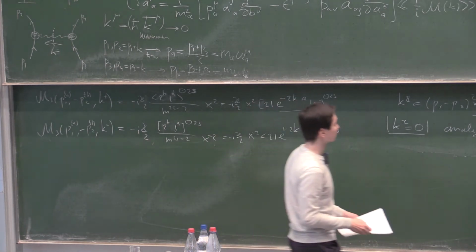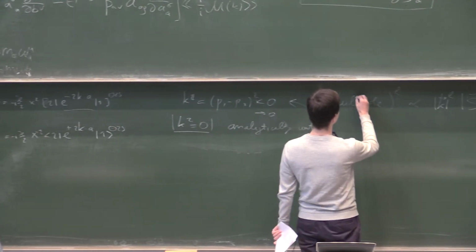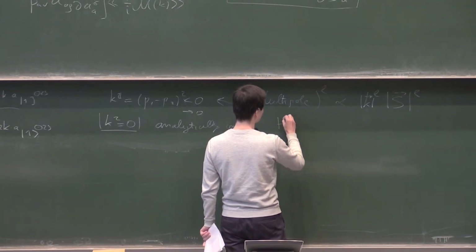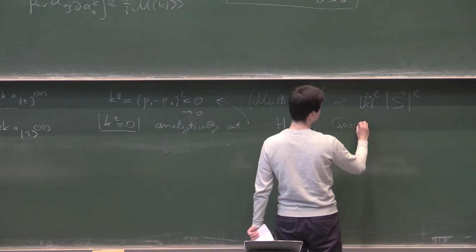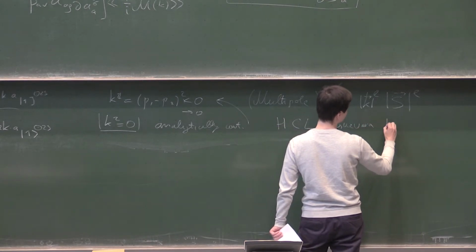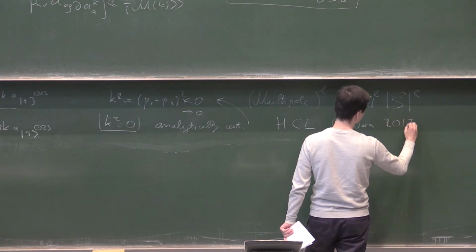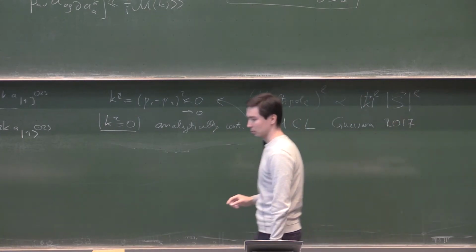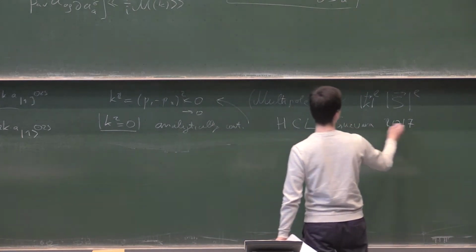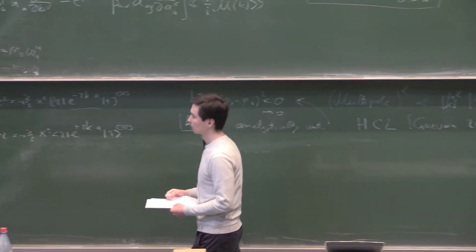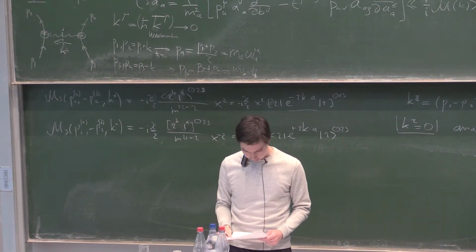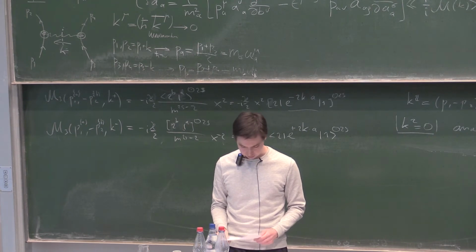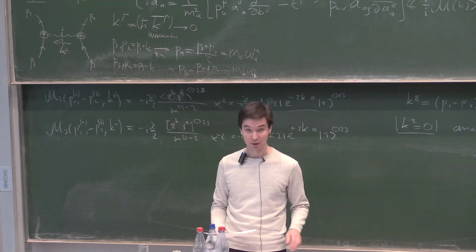And this is called the holomorphic classical limit. And Alfredo introduced it in 2017 in his solo paper. Great. So this is the justification for using on-shell.